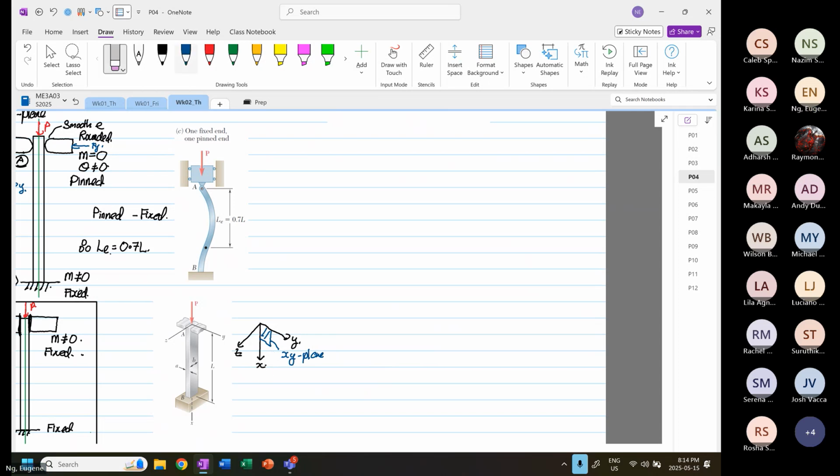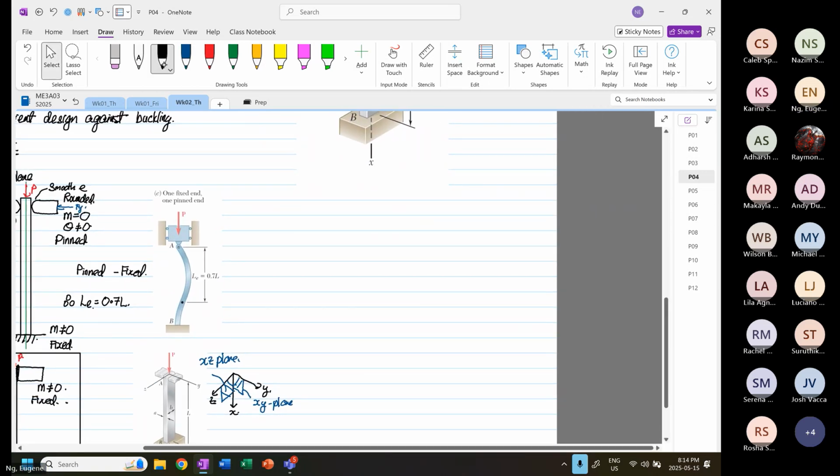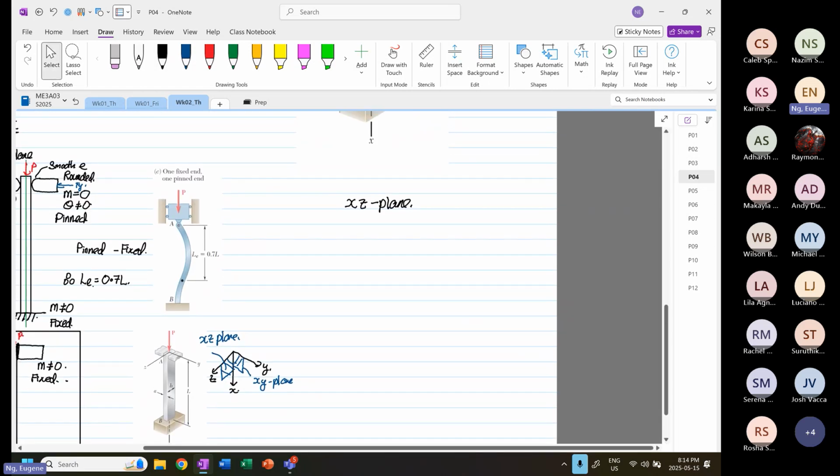The plane that we're going to look at is going to be our XZ plane. So I'm going to sketch out our XZ plane now. The XZ plane looks like this.